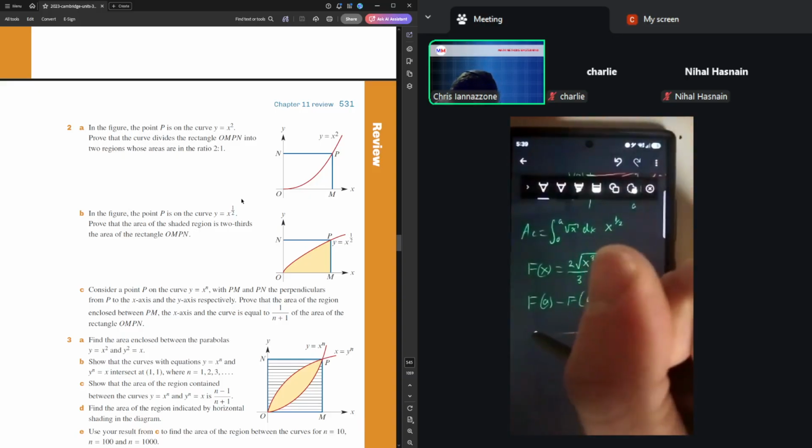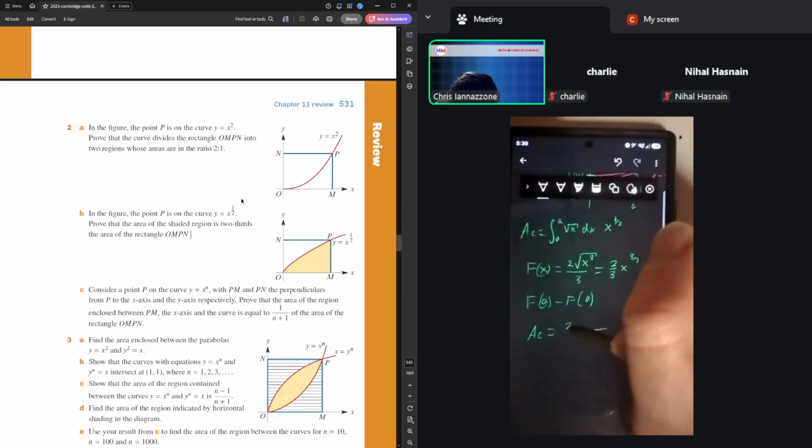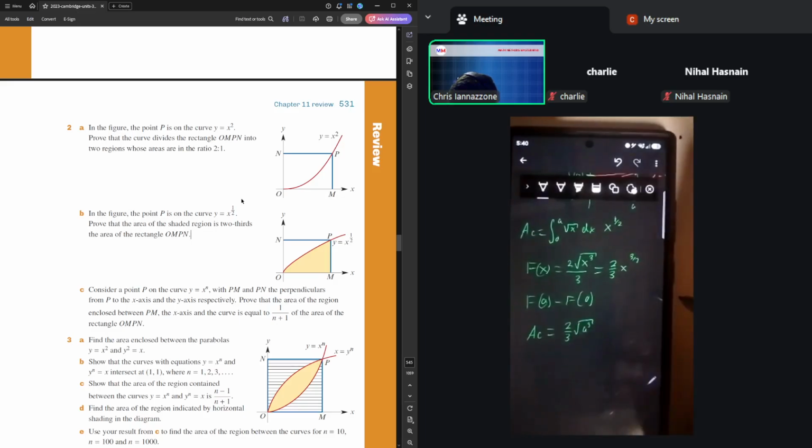So our area of the curve is now going to be 2/3 root a cubed, subbing in a for that, and then minus f of 0, so 2/3 root 0 cubed.